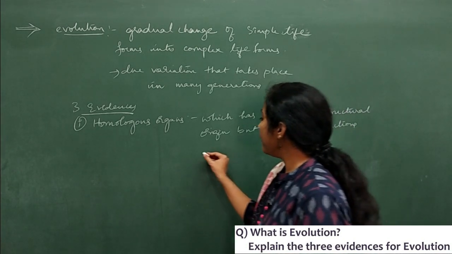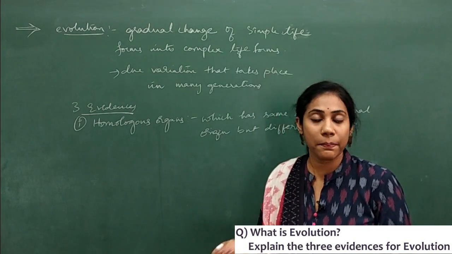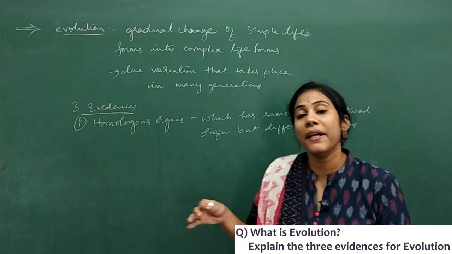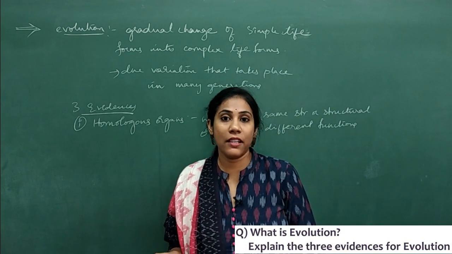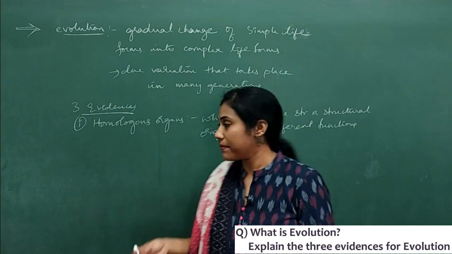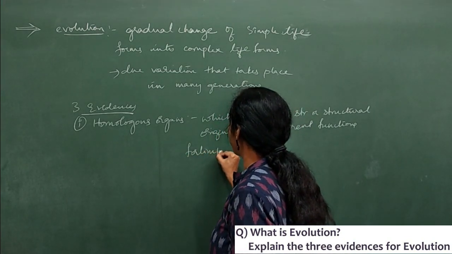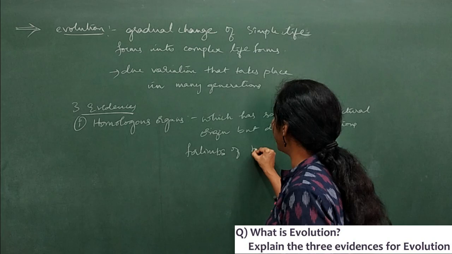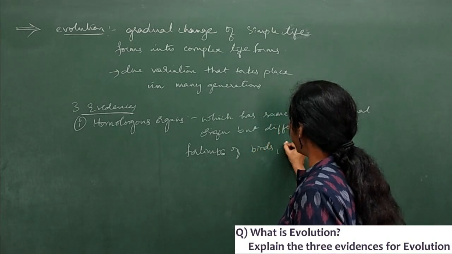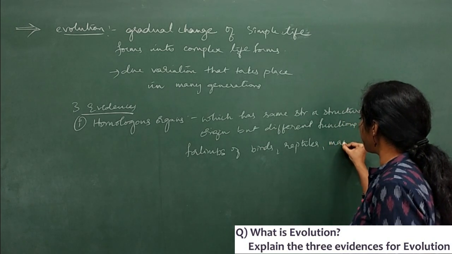Say for example, the limbs of mammals, reptiles, birds, all of them look similar, but their function is different in different organisms, isn't it? So I can say forelimbs of birds, reptiles, mammals.